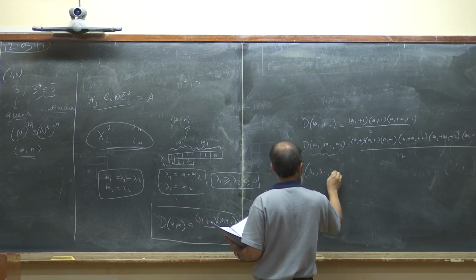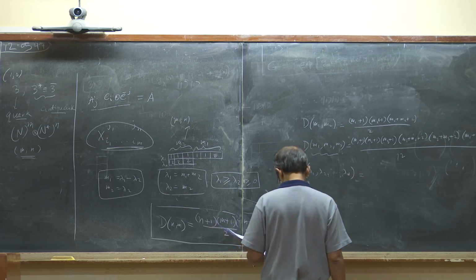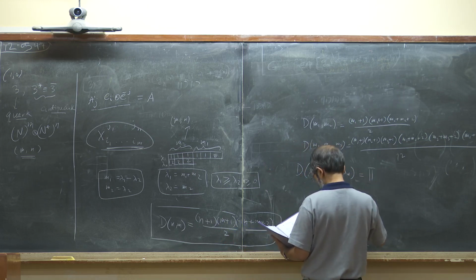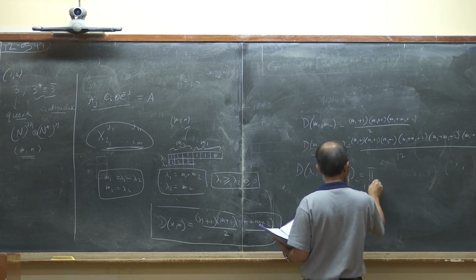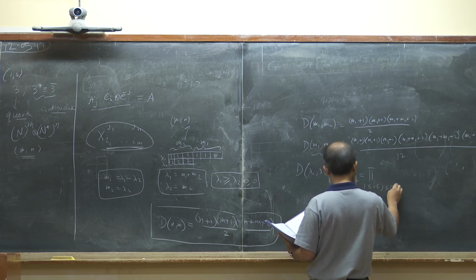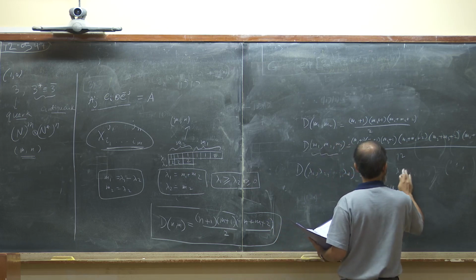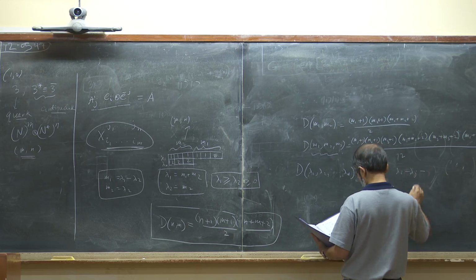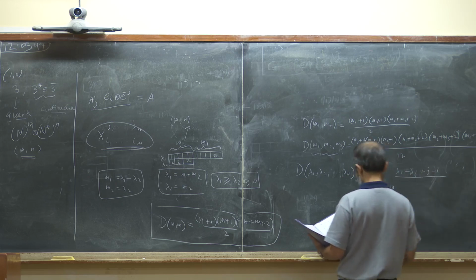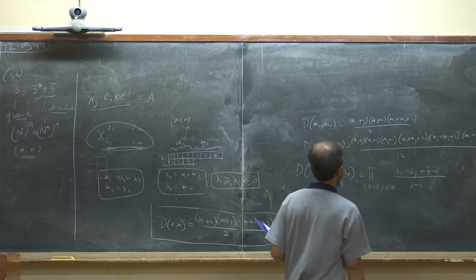Now this is for the general thing. This is given by lambda i minus lambda j plus j minus i divided by j minus i.